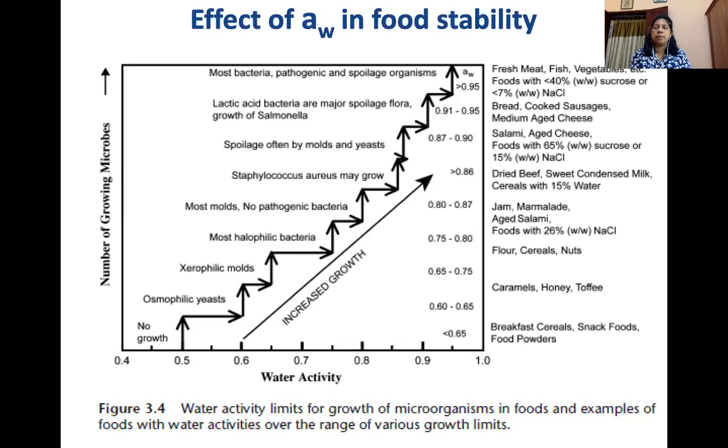Breakfast cereals sometimes have some sugars, and snack foods also have sugars, and food powders too. Snack foods and breakfast cereals have low moisture content, as well as sometimes a low amount of sugars, right? Whatever moisture is available also binds with the sugars.